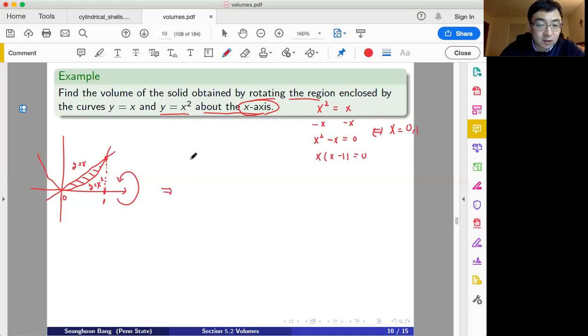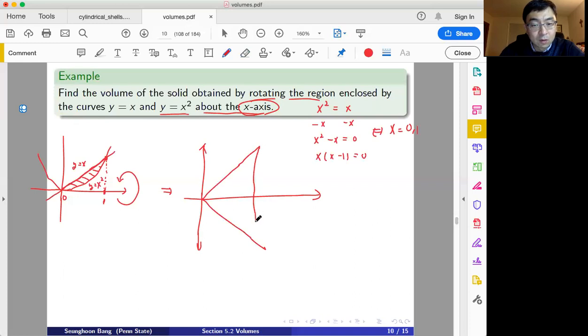When we rotate this one, we have a cone here.